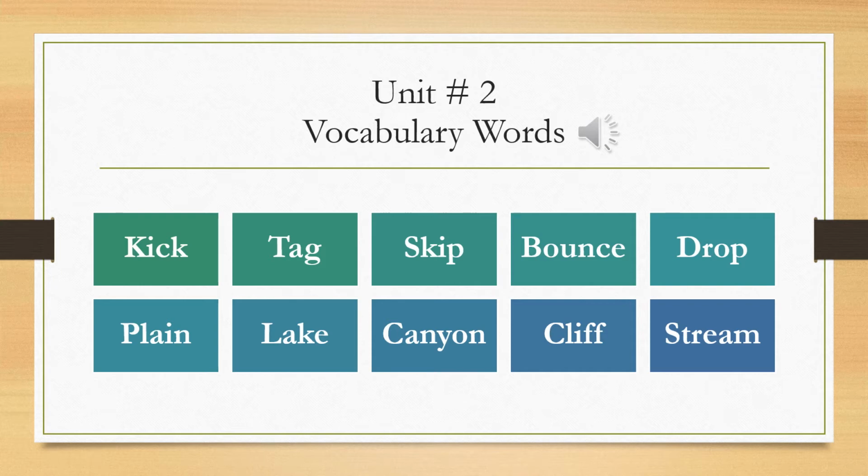Next is cliff. Cliff is basically a high area of rock by the ocean. It is by the ocean, but it is a high area of rock, and its one side is steep as well.